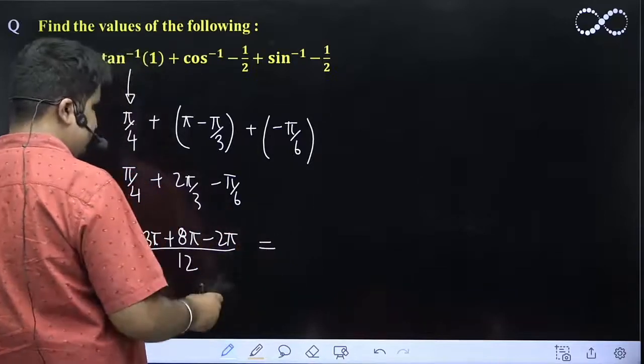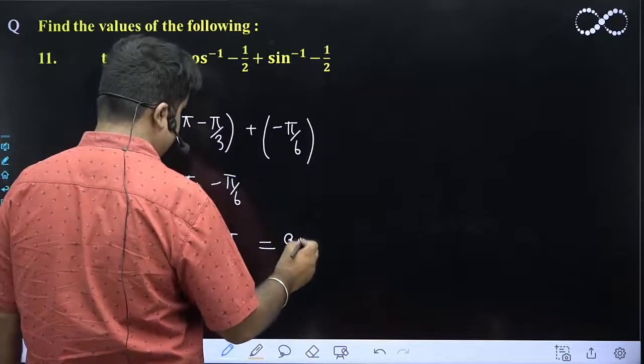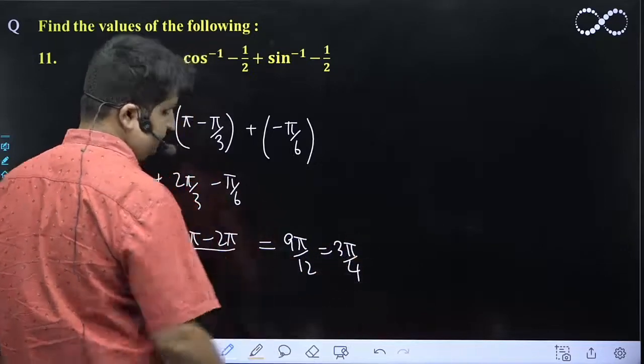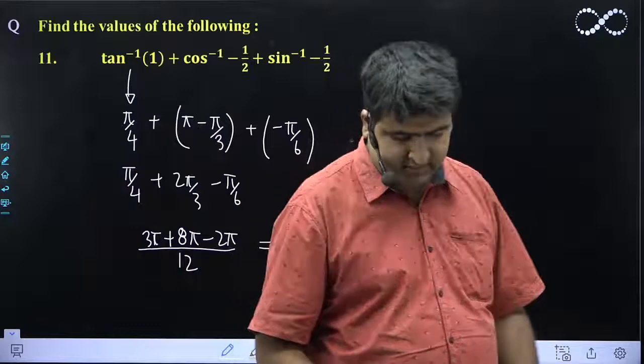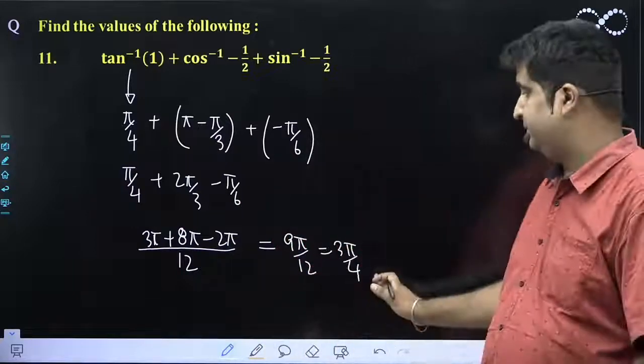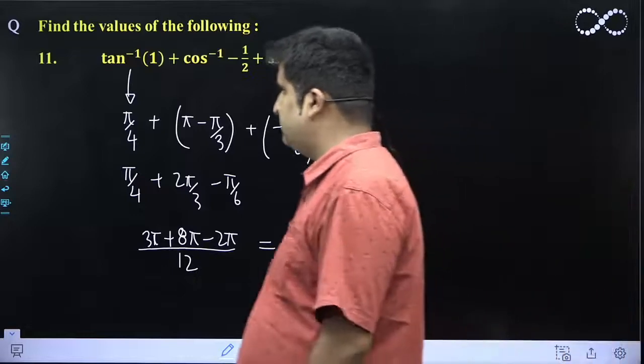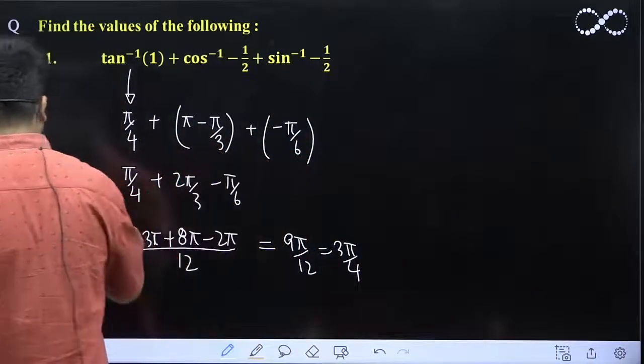So solving this you get 9 pi by 12 or 3 pi by 4. So I reckon this is correct. Yes, this is correct. So the answer is 3 pi by 4. So you just have to simply solve each of them and then put the values.